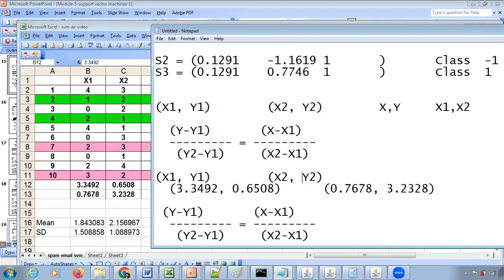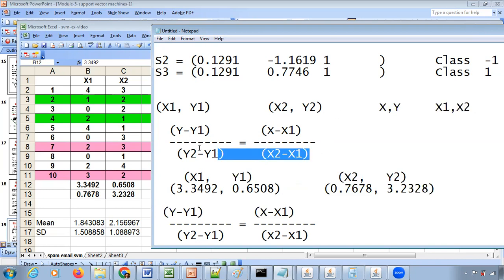This is our x1, y1, and this is your x2, y2, the 2 points. Again, I'm using xy as a coordinate system here instead of x1 comma x2 because that might be confusing. This is a standard analytical geometry formula.